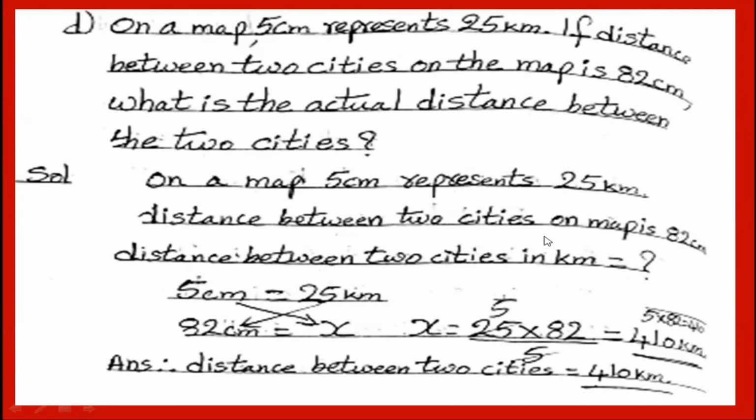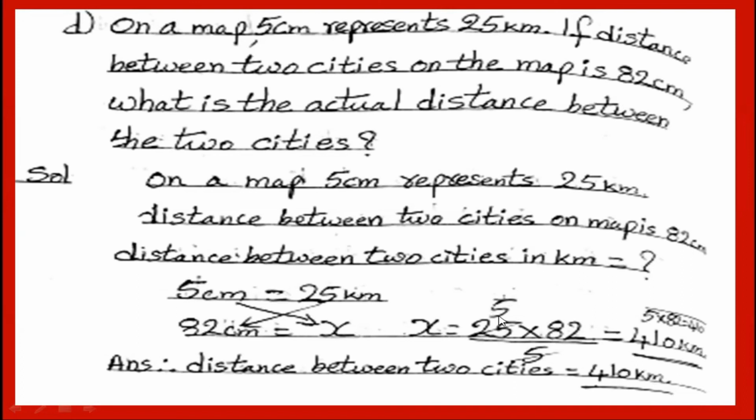5 centimeters is equal to 25 kilometers. 82 centimeters is equal to, we shall write x to find how much. X is equal to 25 into 82 by 5. 5 5s are 25.